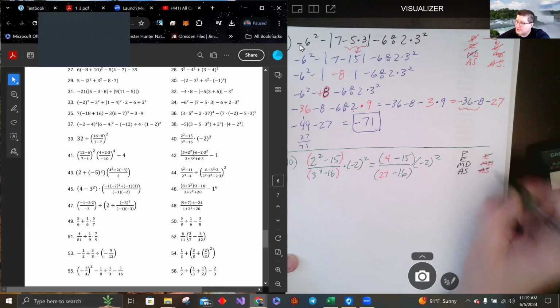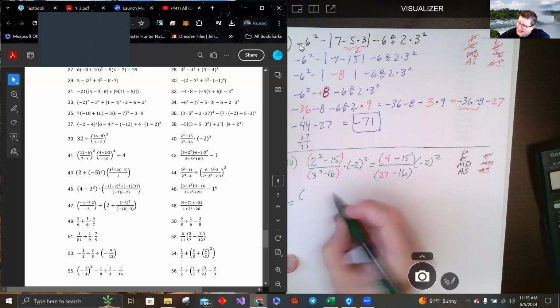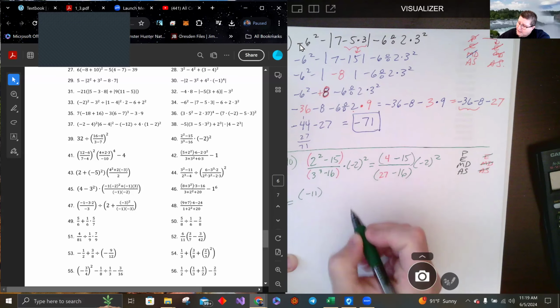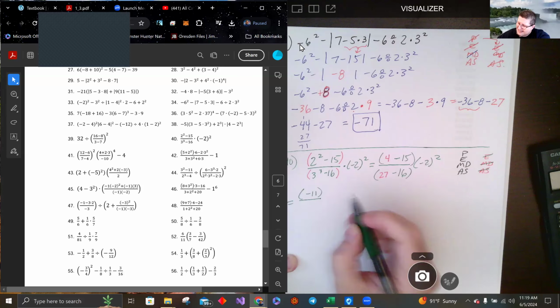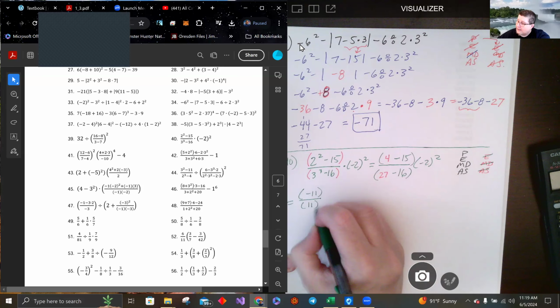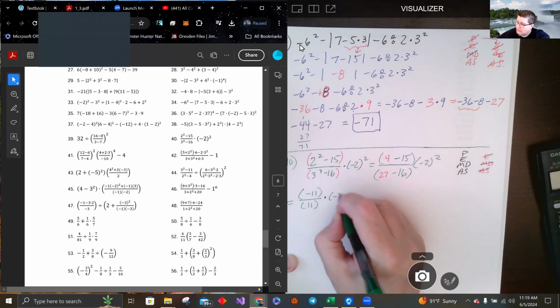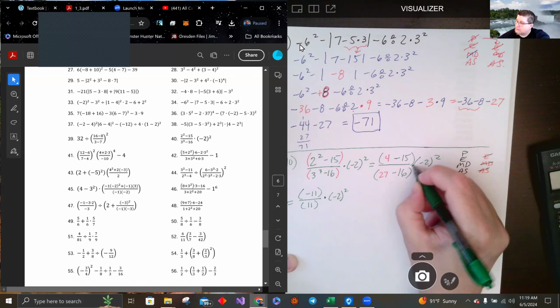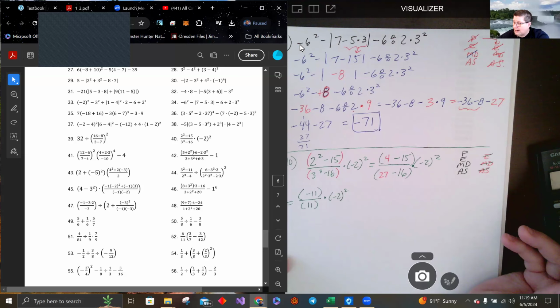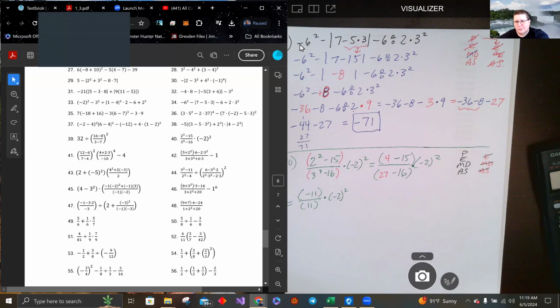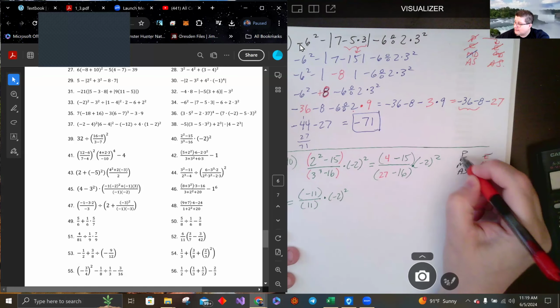Next, we have subtraction. 4 minus 15 is negative 11. 27 minus 16 is positive 11. All right, there's no more actions inside the parentheses. We are done with the parentheses.